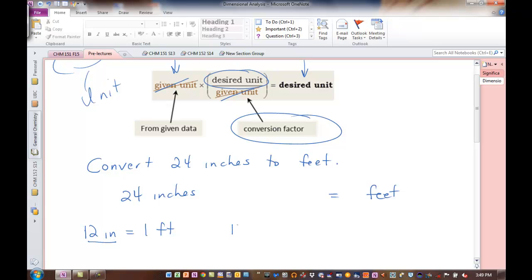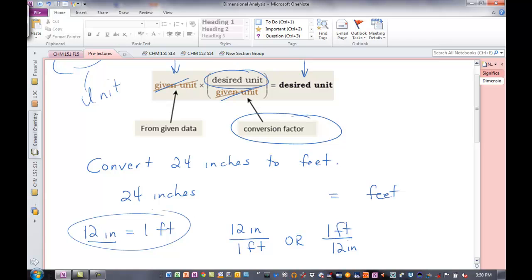So the two conversion factors would be 12 inches over 1 foot. There's our conversion factor. Or we can switch that and put feet or foot in the numerator and inches in the denominator. That's simple. So there are two conversion factors that we write from that equality.